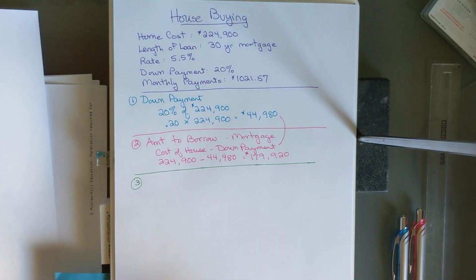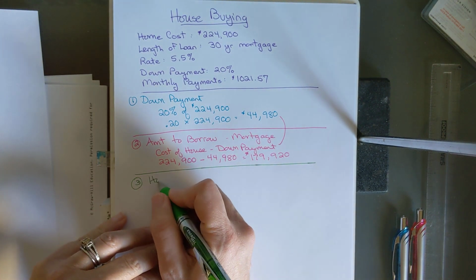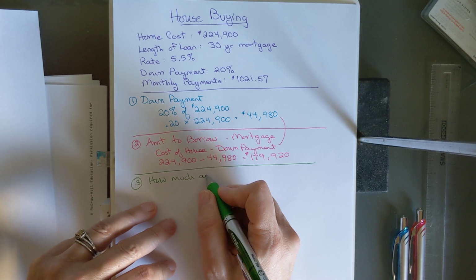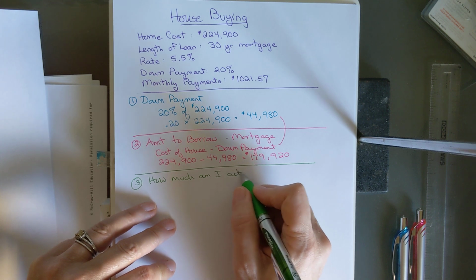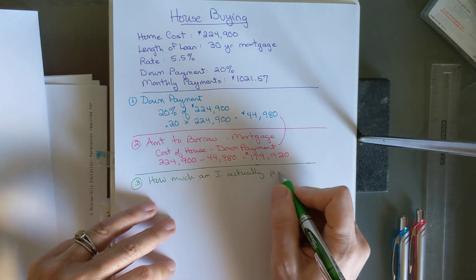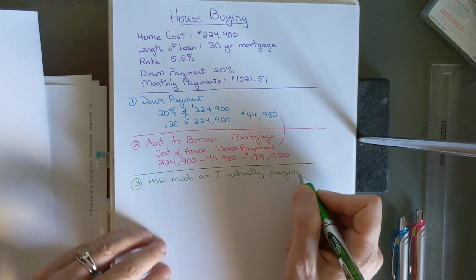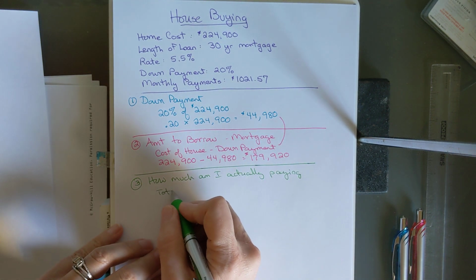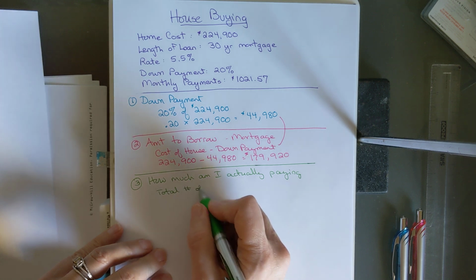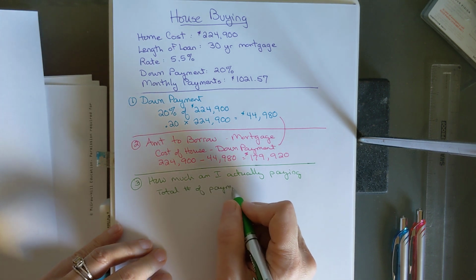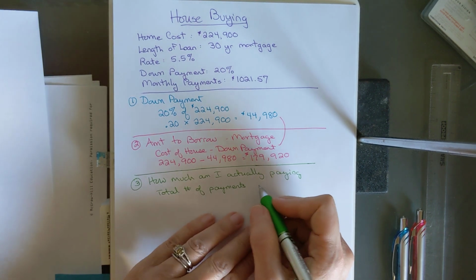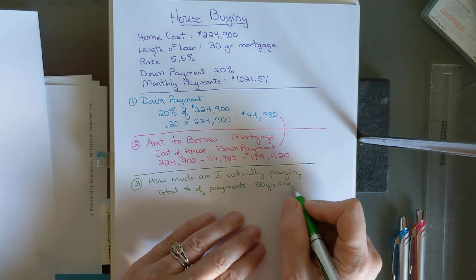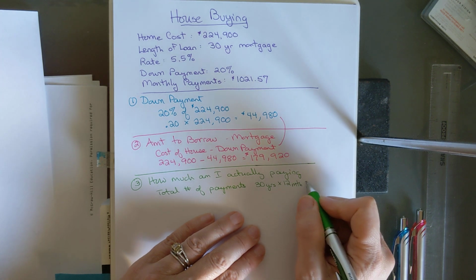So 3, how much am I actually paying for this house? And this is where my heart always skips a beat. Okay, so I need to know the total number of payments that I'm making, and that is 30 years times 12 months, because I'm making monthly payments.